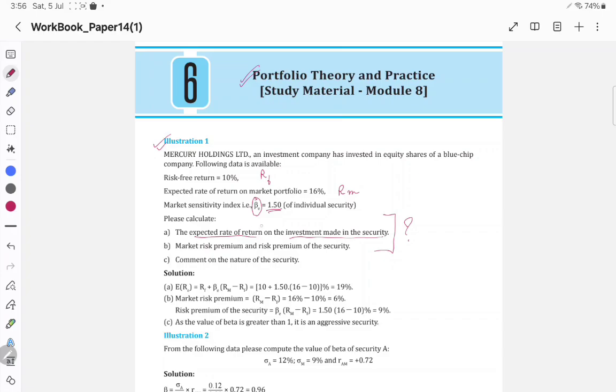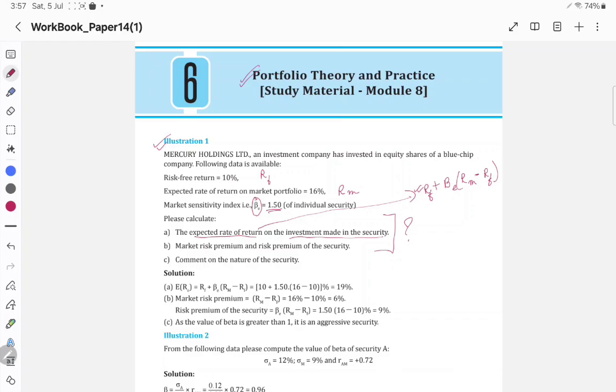So how do we calculate expected return? The formula is risk-free rate of return plus beta of equity into rate of return on market minus risk-free rate of return. This is the basic formula for calculation of expected rate of return.